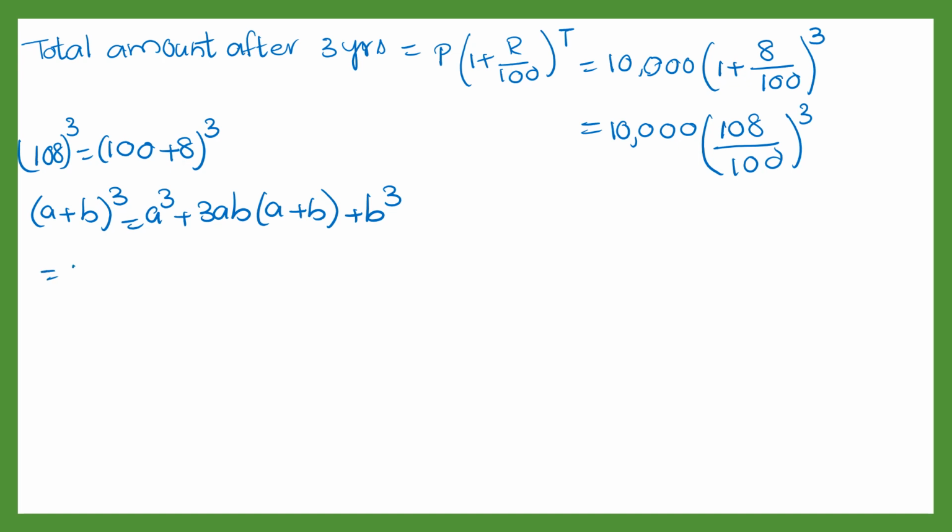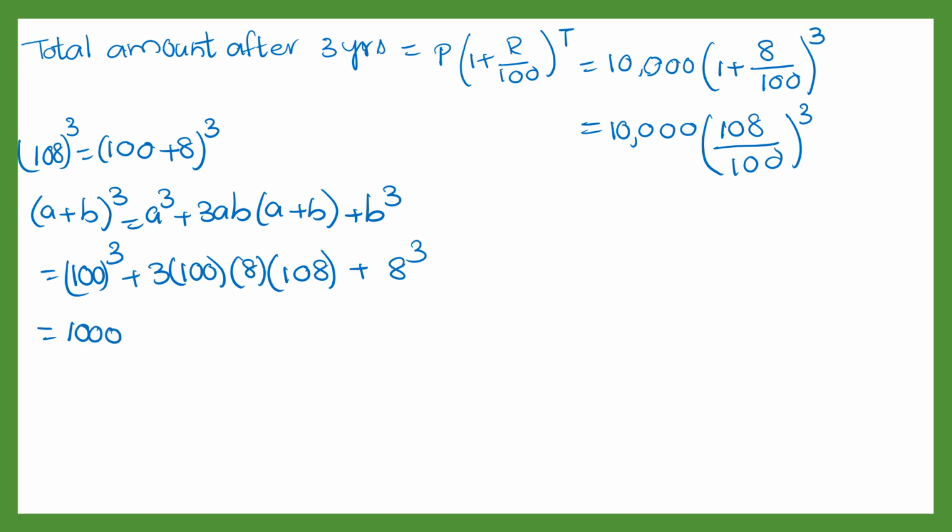So you get 100 cube plus 3ab, that is 3 into 100 into 8 into a plus b, which means 108, plus b cube, 8 cube. 100 cube means 1 followed by 6 zeros, plus 300 into 8 into 108, that is 864, plus 8 cube, which is 512.